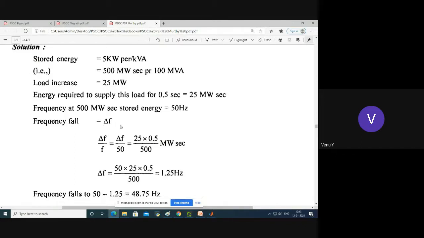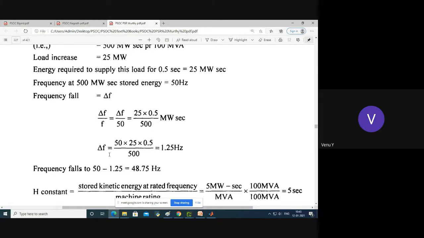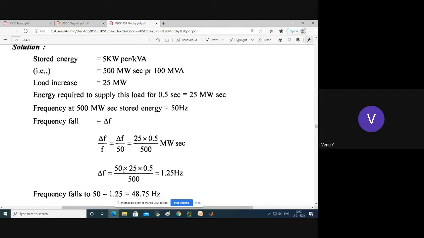So the change in frequency, delta F. Now delta F is defined as frequency 50 into 25 megawatts, which is the load, into the time constant 0.5, divided by the rating 500. It is 5 into 100 megawatts. 100 MVA is the given value.